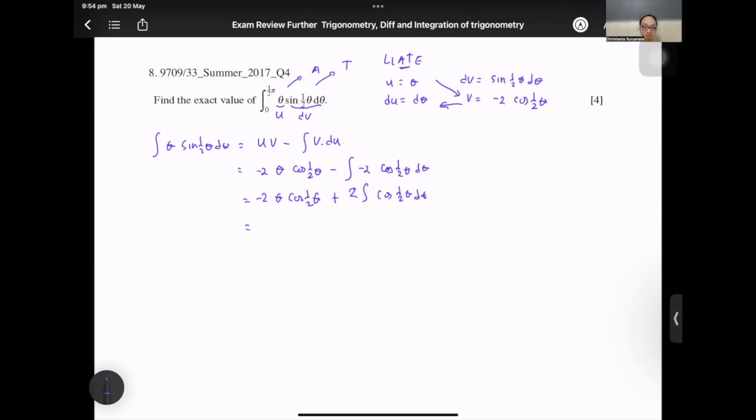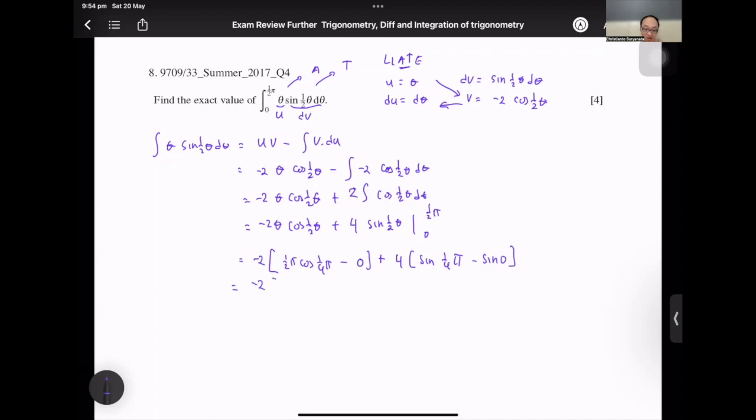This will become negative 2 theta cos half theta plus 4 sine half theta. And then we put the limits 0 to half pi. So it's negative 2 bracket half pi cos 1 over 4 pi minus 0, plus 4 sine 1 over 4 pi minus sine 0.